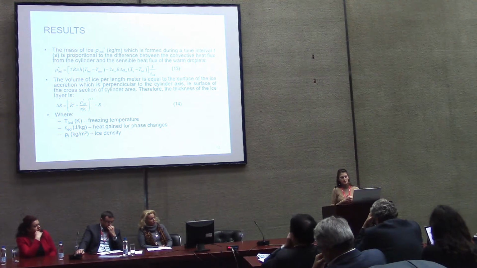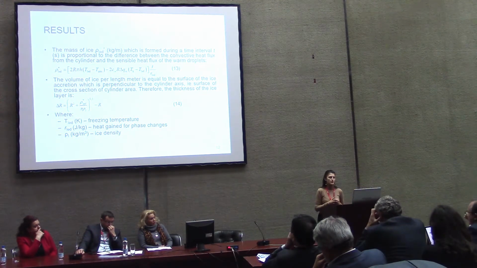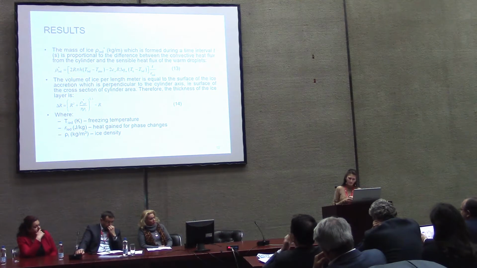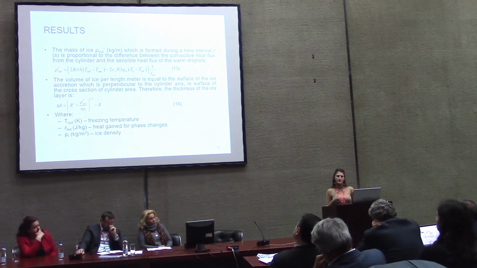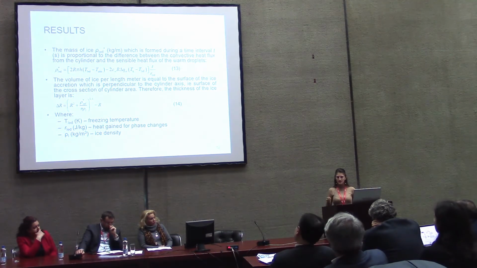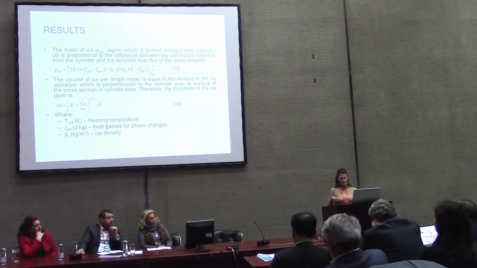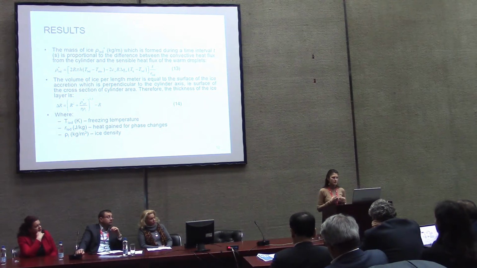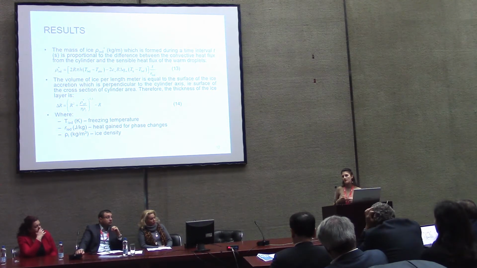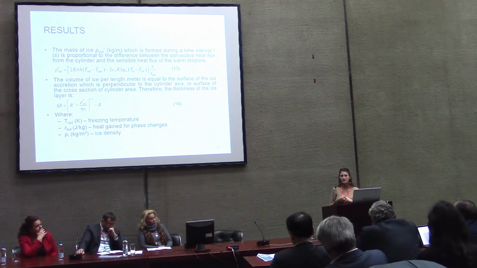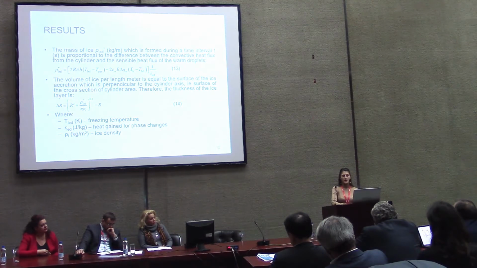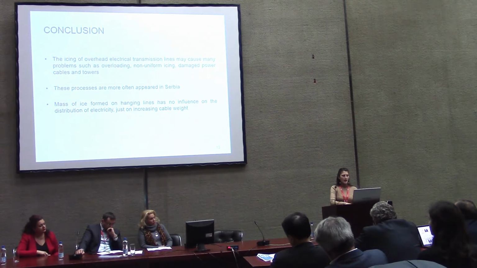The thickness of the ice layer is given by equation 14, and this thickness actually represents the difference between the radius of the ice cylinder and the radius of the non-ice cylinder, and it is obtained from the condition that volume of ice per length meter is equal to the surface of the ice accretion, which is perpendicular to the cylinder axis.